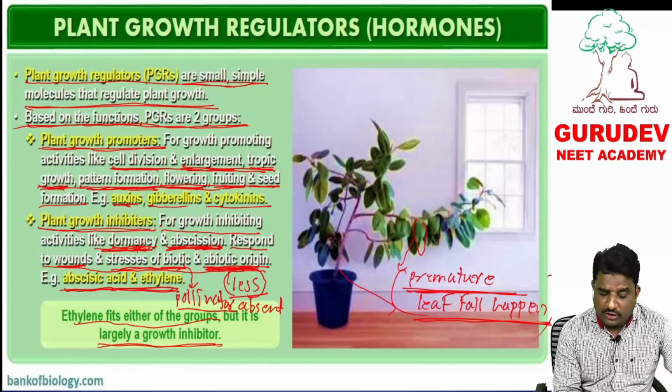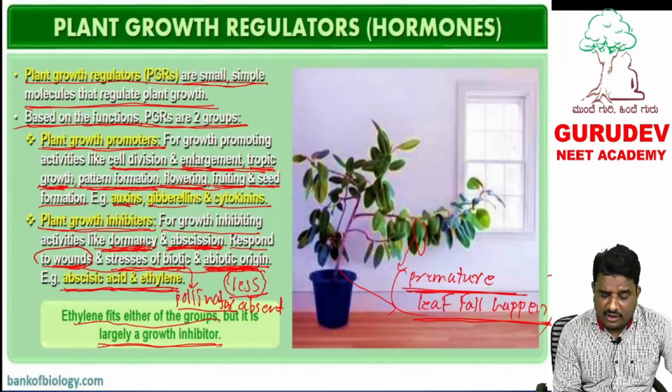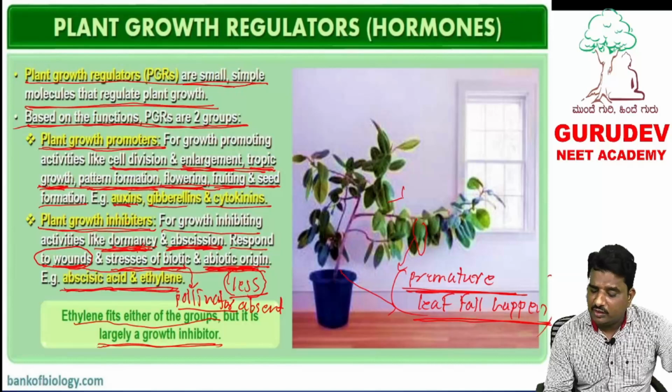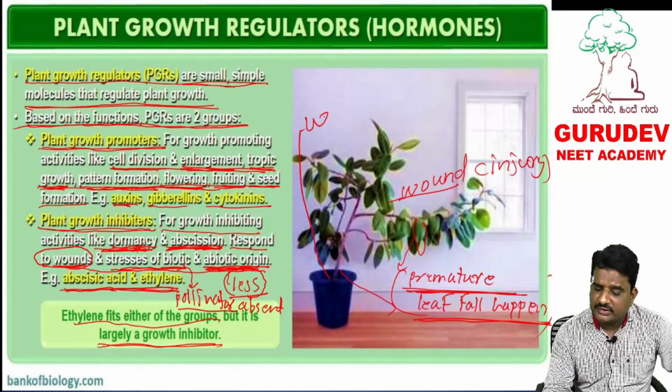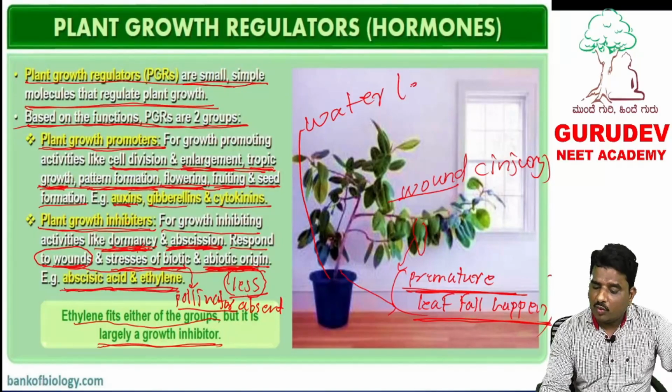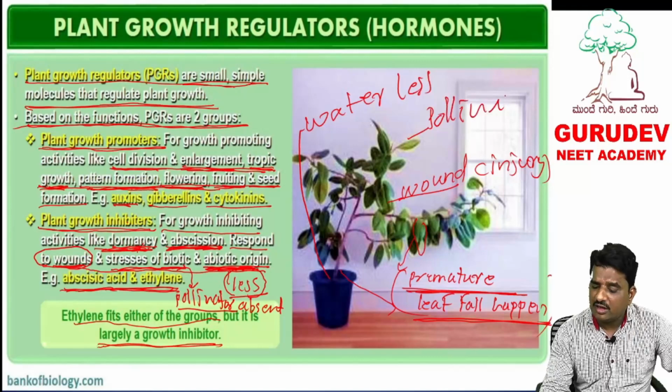Inhibitors are also produced in response to, suppose the plant has a wound. If the plant has a wound, it means it has an injury. Or if the plant has water shortage, or lacks pollinators. Lack of pollinators means biotic stress.